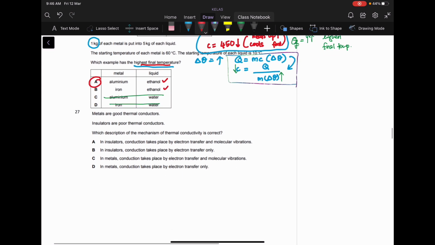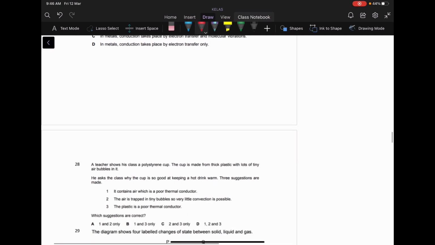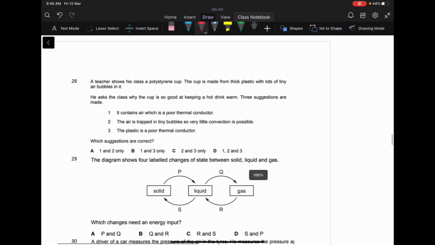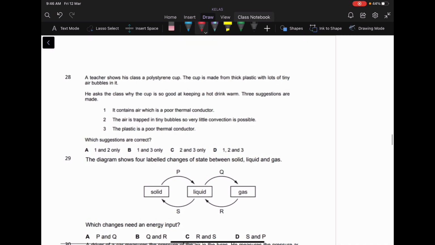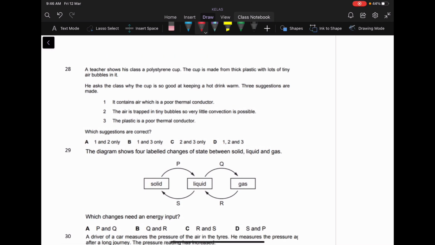Alright, so let's go to the questions. A teacher shows his class a polystyrene cup. The cup is made of thick plastic and lots of tiny air bubbles.